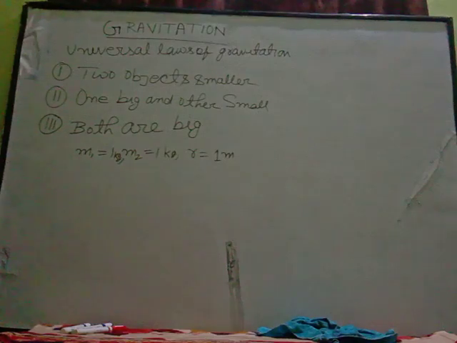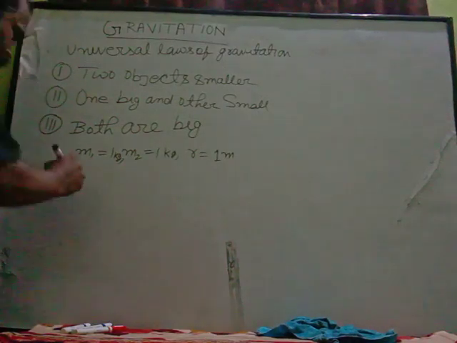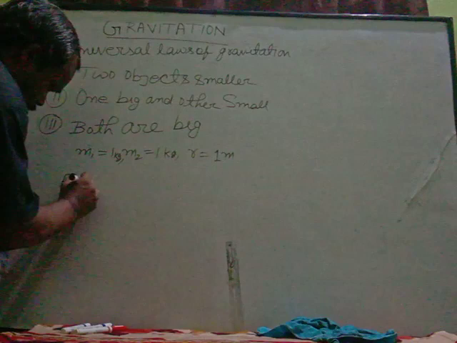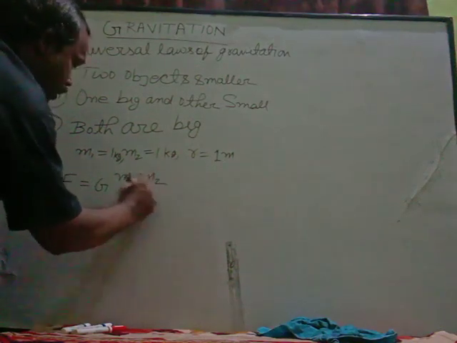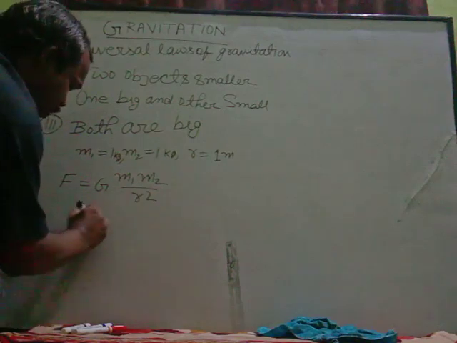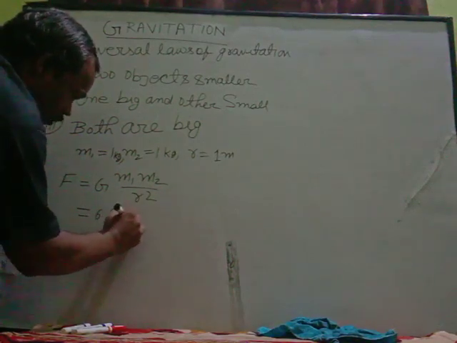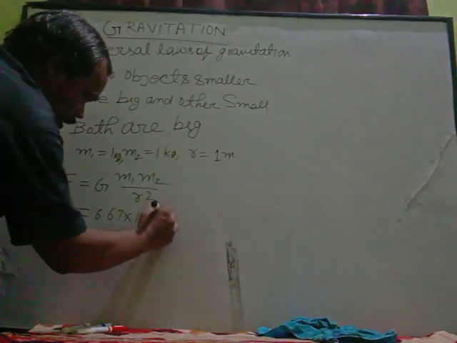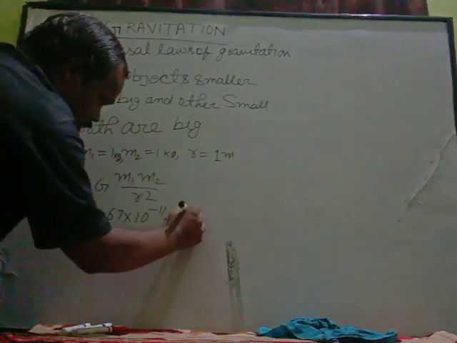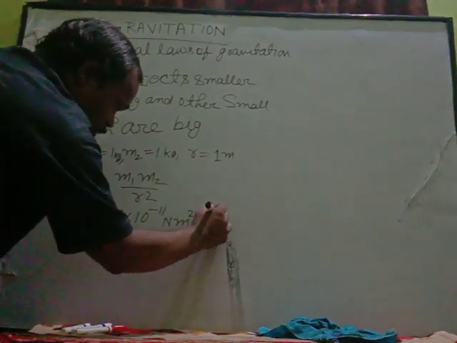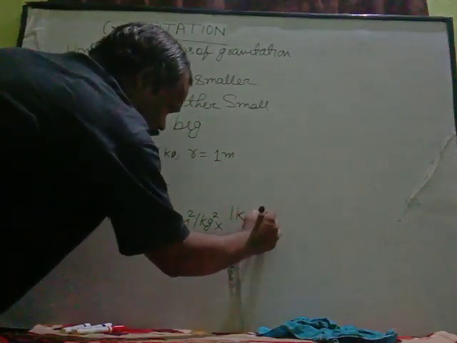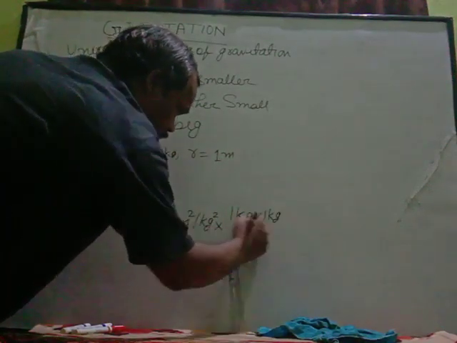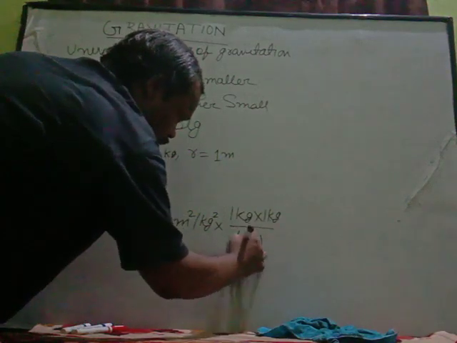So force exerted in between these two objects will be equal to G m1 m2 by r square, 6.67 into 10 to the power minus 11 Newton meter square per kilogram square into 1 kilogram into 1 kilogram by 1 meter square.